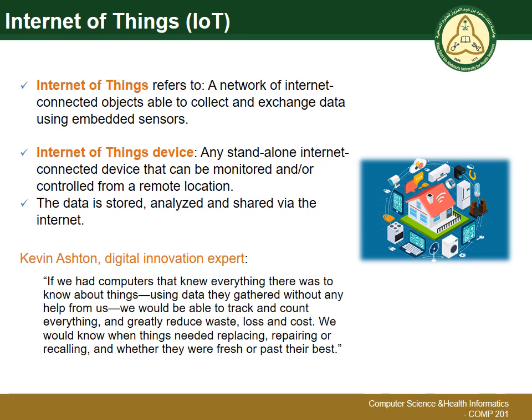machine. Who actually created the phrase or the idea of Internet of Things? His name is Kevin Ashton, in 1999. He wrote, as he said, if we had computers that knew everything there was to know about things, using data they gathered without any help from us, we would be able to track and count everything and greatly reduce waste, loss, and cost.